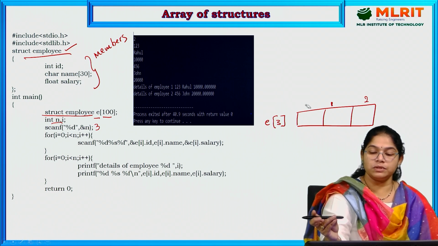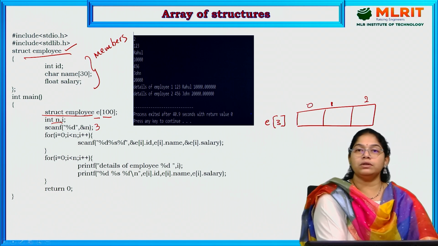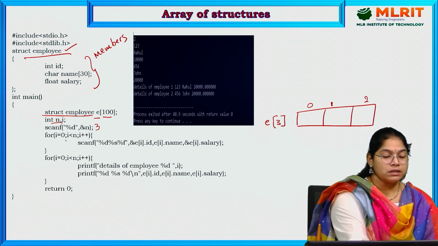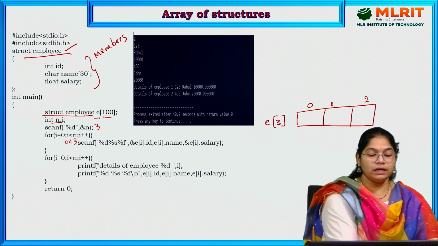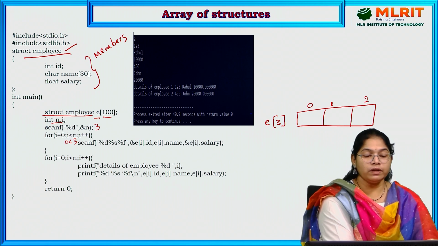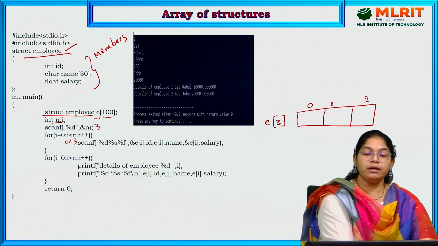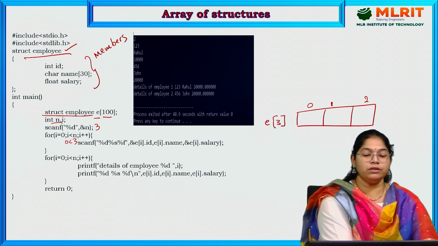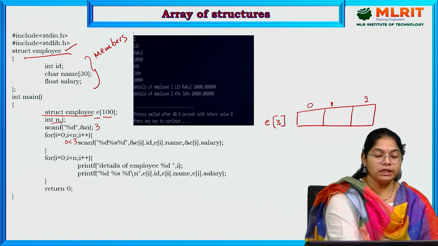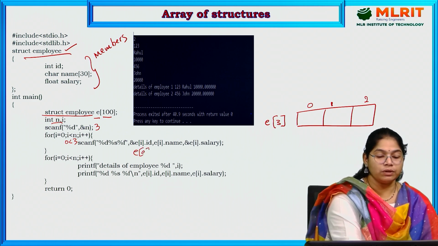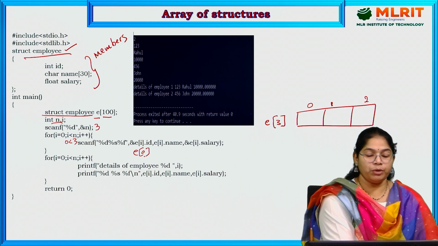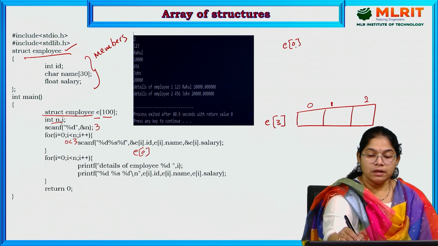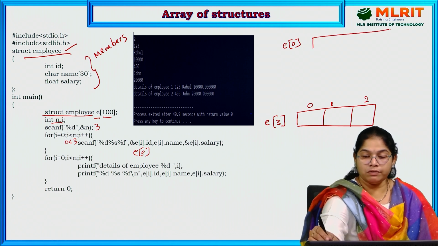So let us suppose this is 0, 1, 2. Next, 0 less than 3, the condition is true. Then whatever details are provided by the user, we can read using the scanf function. Like I want the details of E of 0, that means the 0th employee.